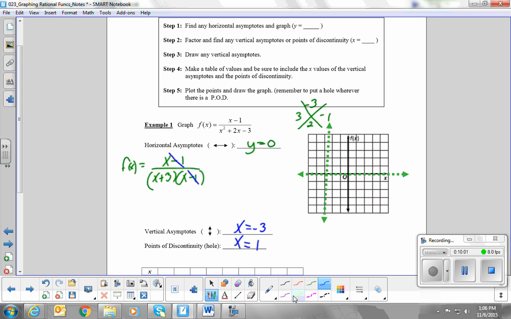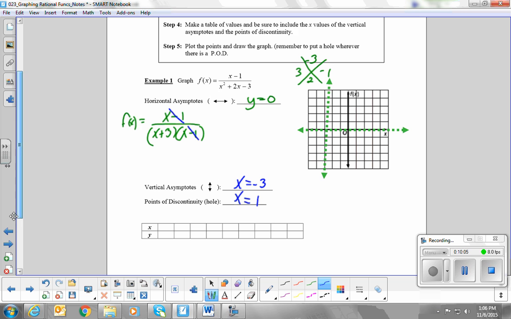And then when we create our table, we want to make sure to put values in our table around those points, okay? So I'm going to put -3 here. So I'll include -5, -4, -2, -1, 0, 1, 2, 3.